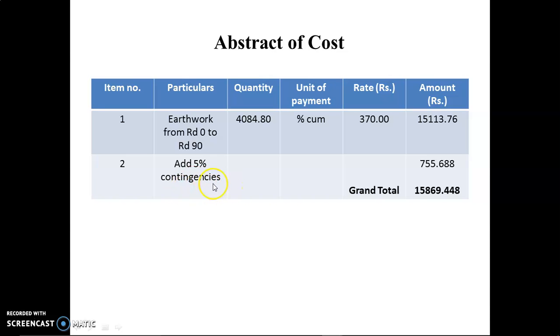So here we add a total of 5% contingencies. We find 5% of this value and get 755.688 as the answer. After that we add this value and we get 15869.448 rupees. So this is the cost of the quantity of earthwork up to the reduced distance of 90 meter.